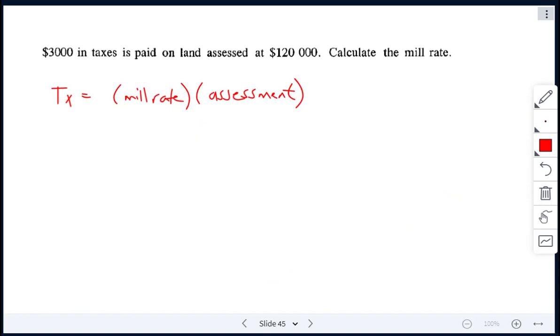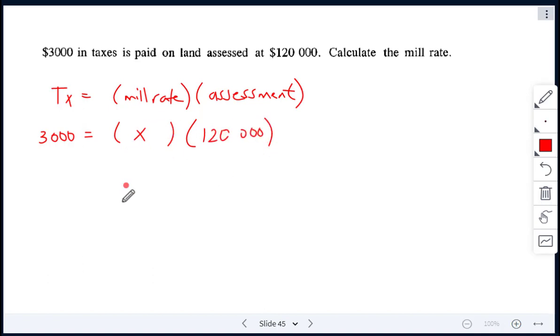All right, our next example: $3,000 in taxes is paid on land assessed at $120,000. We need to calculate the mill rate. We know our taxes are $3,000. Mill rate is what we're going to solve for. I'll just put it as X. And the assessment is $120,000.